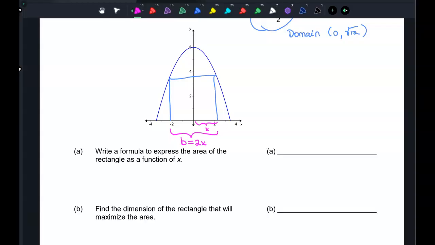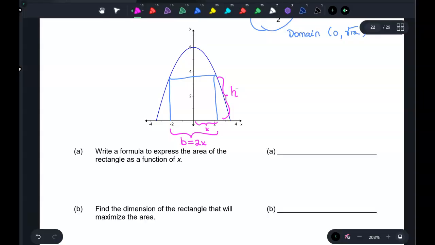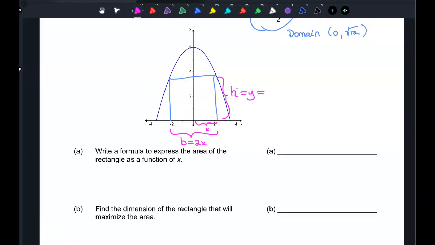Now I need to figure out what's the height of that rectangle. Well, my height is always whatever y is equal to. So height is equal to y, but what's y equal to? 6 minus 1/2 x squared.